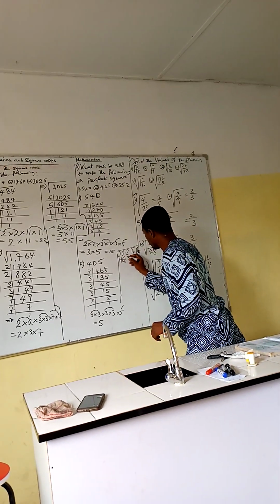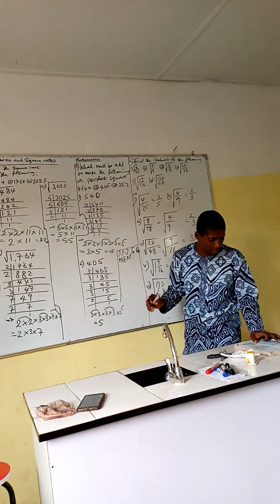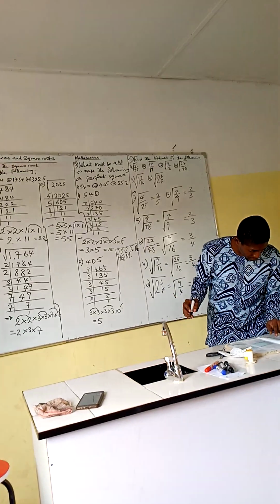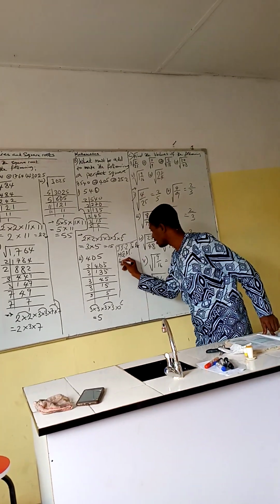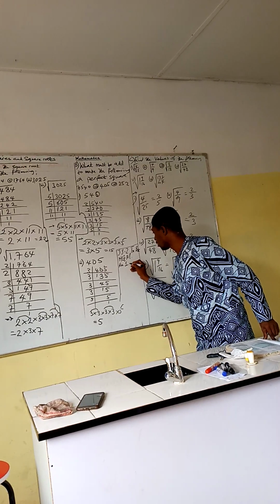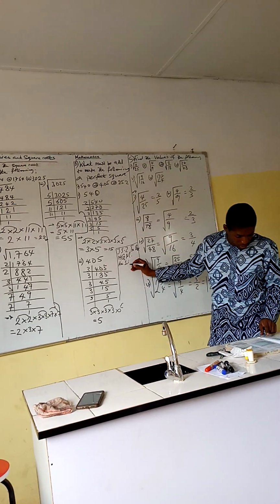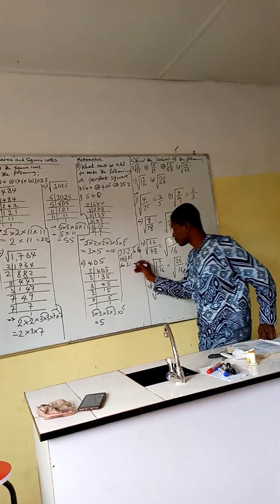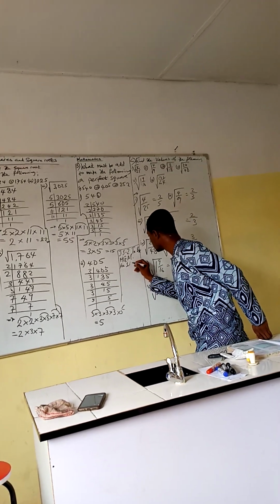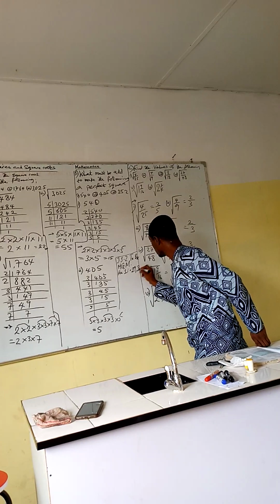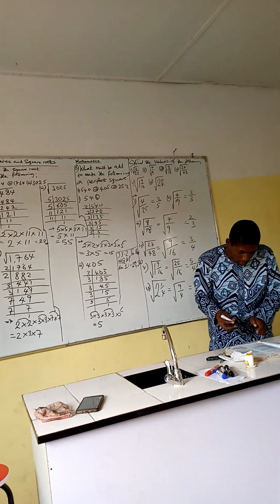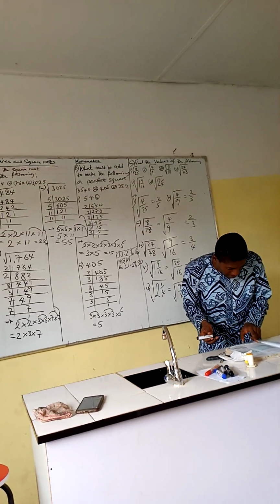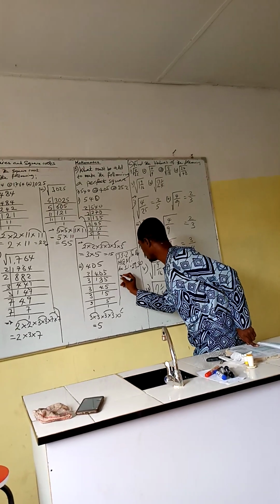New General Maths. You have exercise 1I. You will solve numbers 29 and 30. You as well go to exercise 1J.